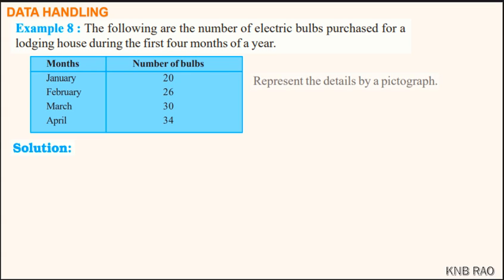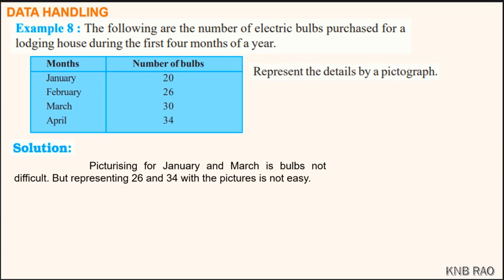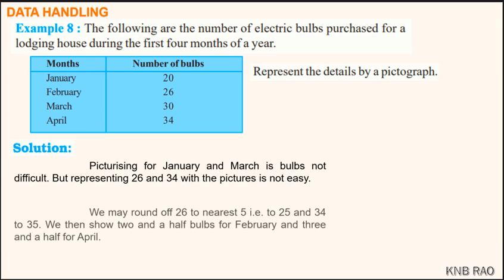Now, if we wanted to represent these details by a pictograph, picturizing for January and March is easy, but representing 26 and 34 with the pictures is not easy. That is, in the month of February and April, it is not that easy.